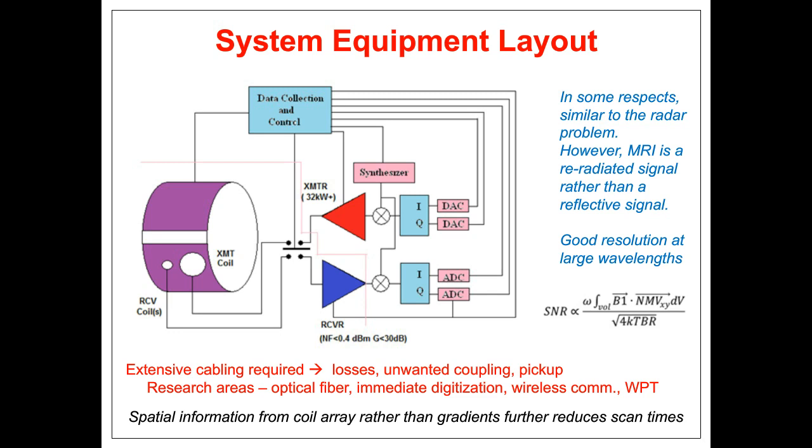So from the low-noise amplifiers, which are in the scan room, the signals then go to the equipment room, and they're digitized and processed. In the equipment room, also the wave shape is defined and created, to help the radiologist determine what it is they want to look at, and then that goes out to a transmitter.